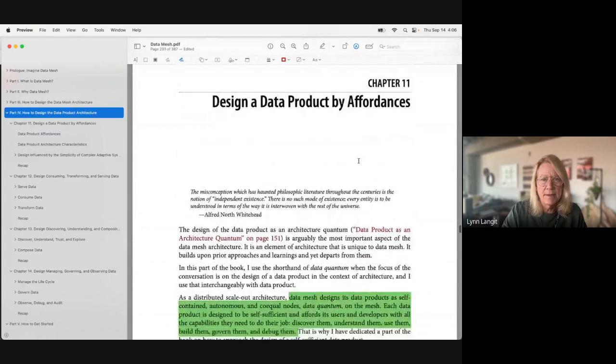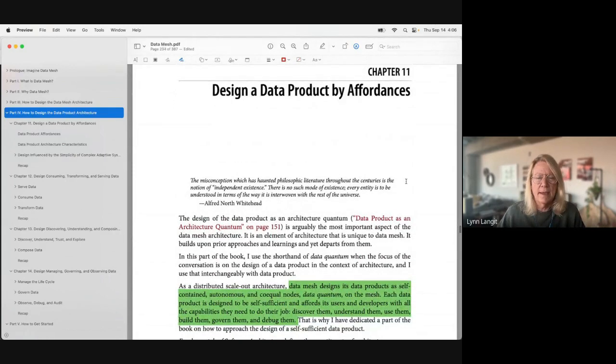So this chapter 11, the idea here is that you want to basically design data products for the users. That's what by affordances means.